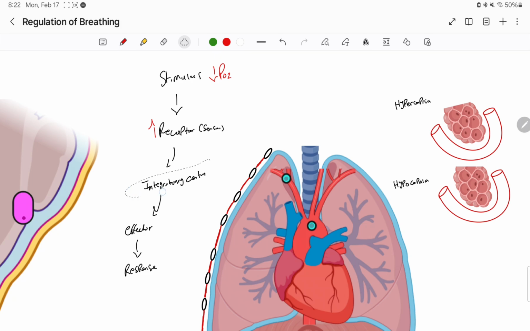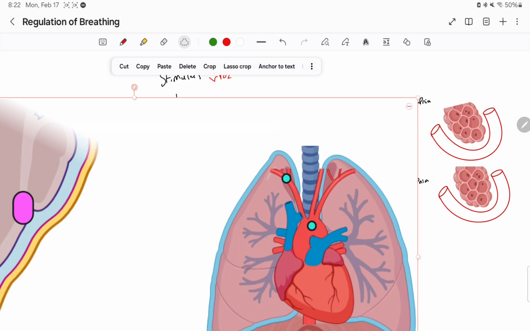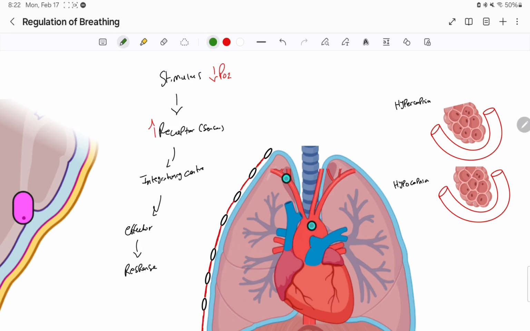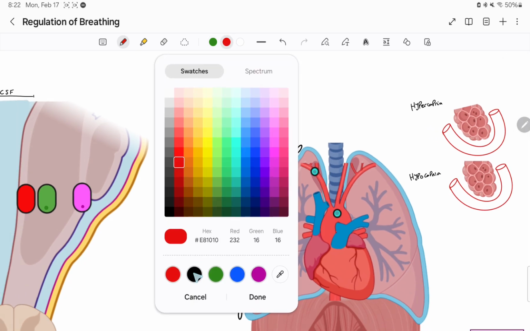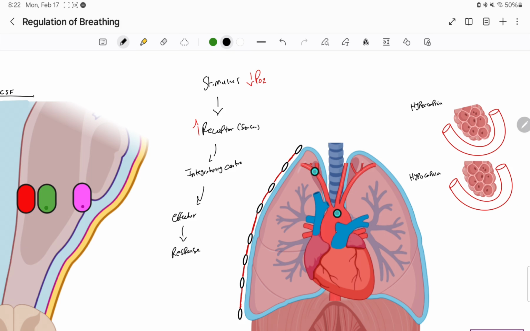You guys know that in our body, the integrating center for most of these is actually within the brain, but a specific part of the brain called the brainstem, and an even more specific part of the brainstem called the medulla oblongata, or the medulla. So it'll go to the medulla or the medullary respiratory center, and there it will get integrated, that response, okay, we have a low partial pressure of oxygen.